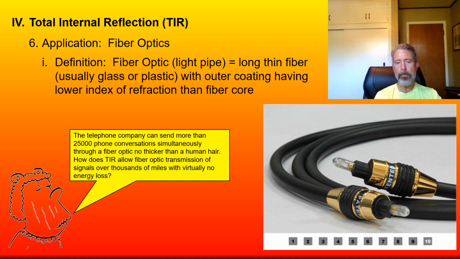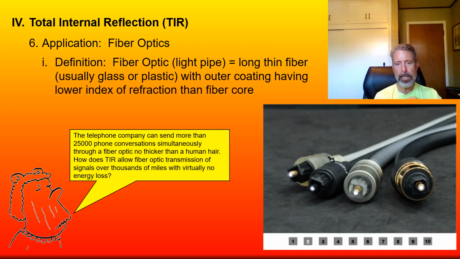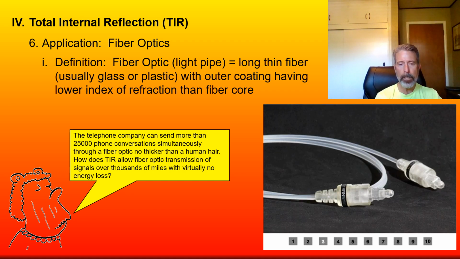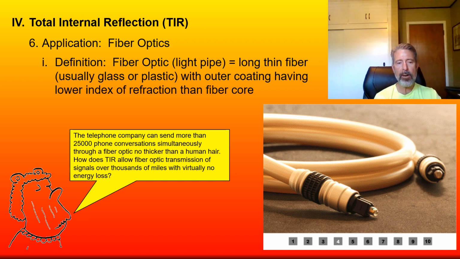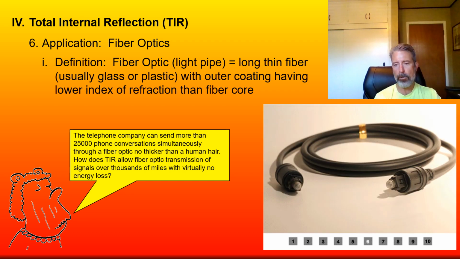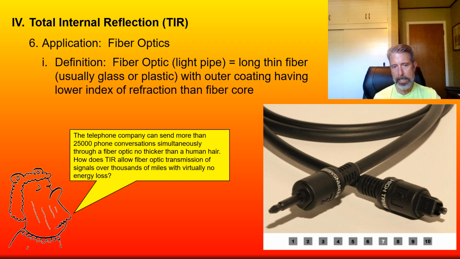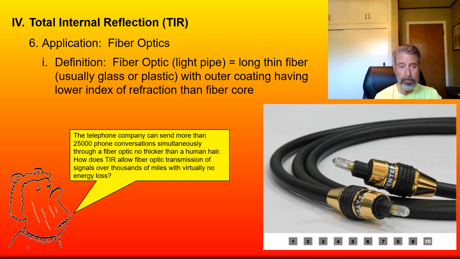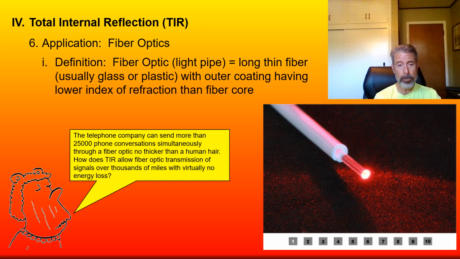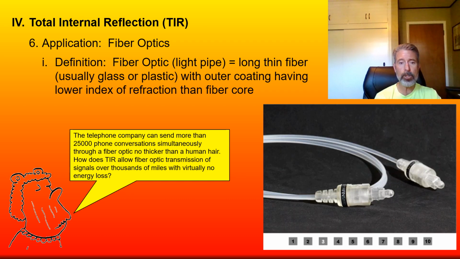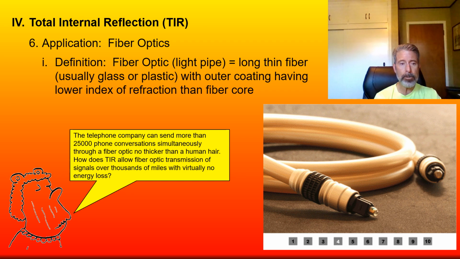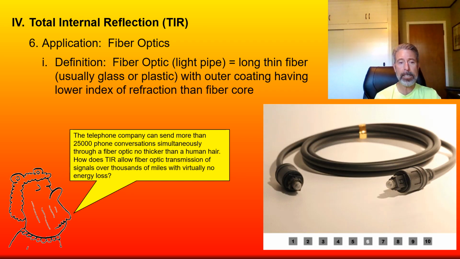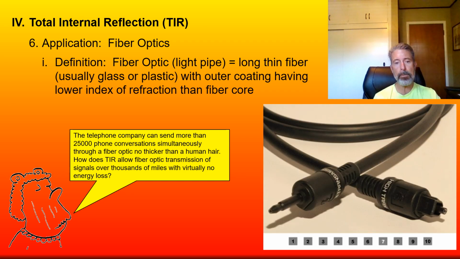In the last 25 years, telecommunications have been replacing copper wire with fiber optic cables, and you can see why, really two reasons. One, you can send, as Ms. Prigg is saying here, more than 25,000 conversations simultaneously through a fiber optic that is no thicker than a human hair.